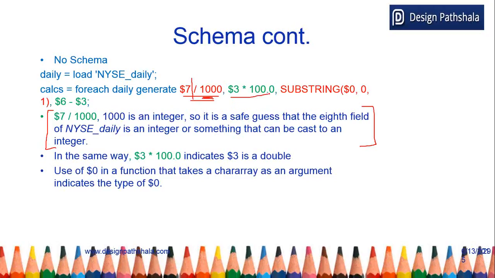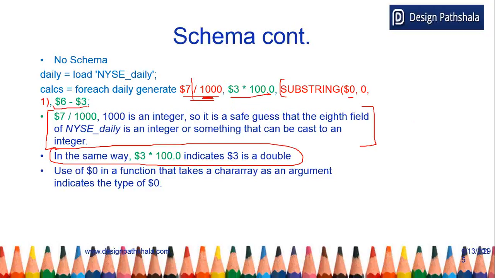On the 4th column, I am saying times 100.0. When I'm saying 100.0, it assumes the 4th column is double, and will cast the 4th column to double and do the operation on the double. On $0, that is the first column, I am doing some string operation, so it will assume my first column is a string, and it will do the operation.